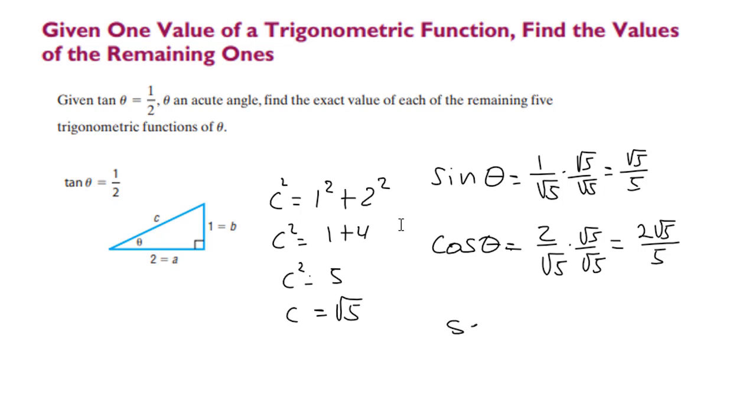Then secant of theta, we can remember what secant is, okay? Secant is 1 over cosine, or we can just flip. If we do 1 over cosine, it's the same as if we flip this answer, and we're going to have the same answer.